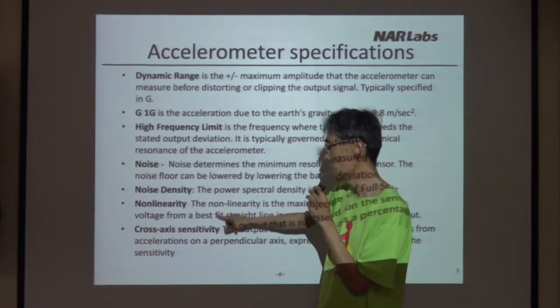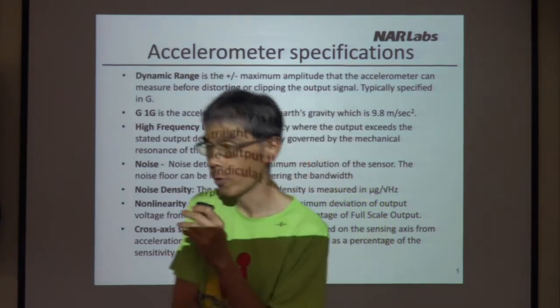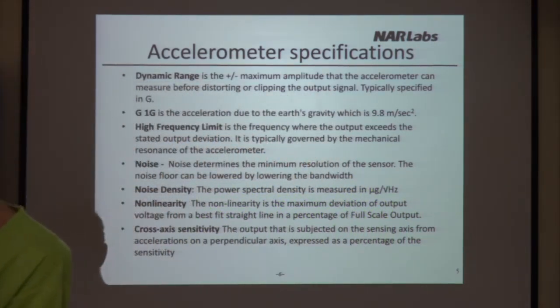And nonlinearity, because for any sensor, for output and input, it's better to be linear, not nonlinear. If you have a linear relation, with voltage on the x coordinate and acceleration on the y coordinate, and you know the voltage, you can use the slope to calculate the acceleration.